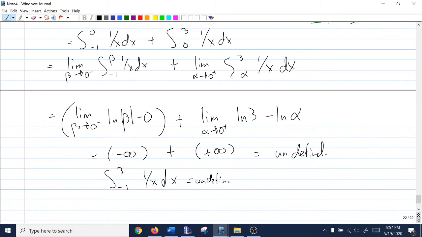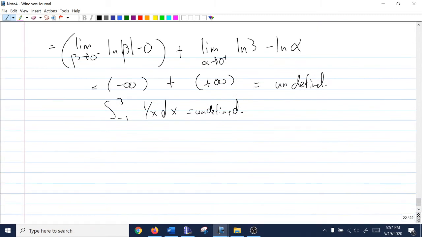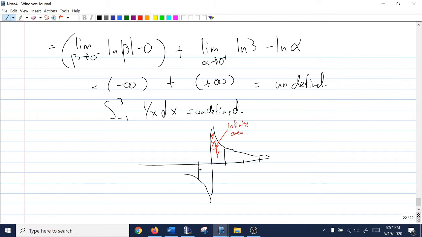There's a part of it that's positive infinity, there's a part of it that's negative infinity, and you're not allowed to add those. And this makes sense if I think about the picture. 1 over x is symmetrical, so this shape is the same as this shape, and the fact that this is infinite and the fact that this is infinite.